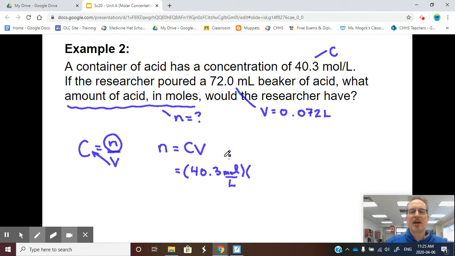I'm going to multiply that by my volume, which we decided was 0.072 liters. Liters on the bottom, liters on top, they cancel. My unit's going to come out in moles. So 40.3 times 0.072. And my answer is 2.90 moles.